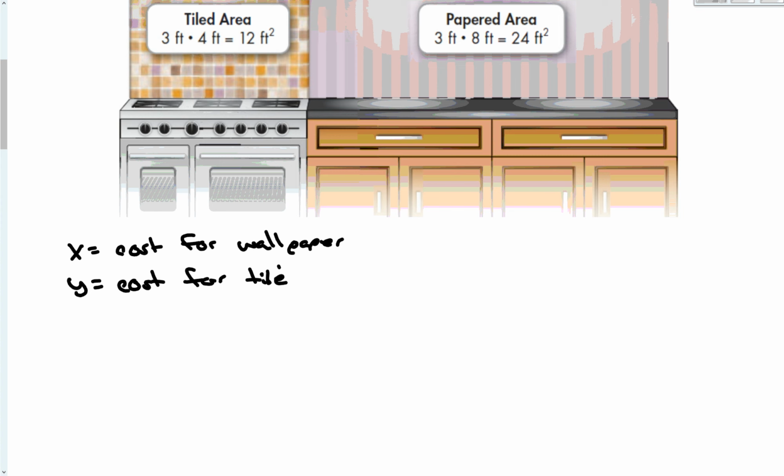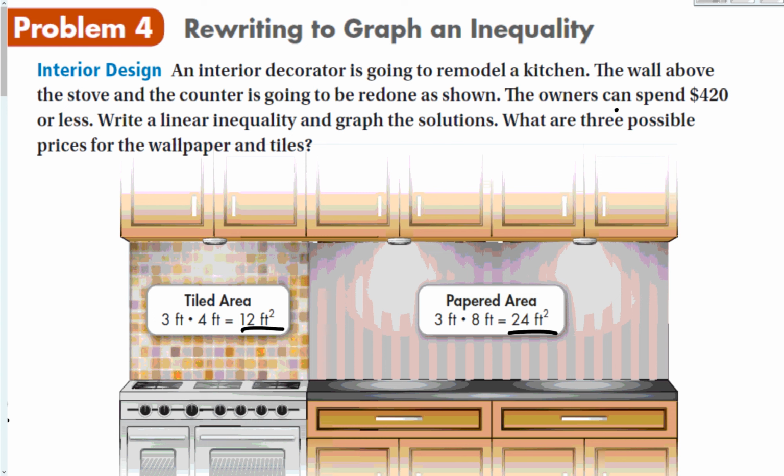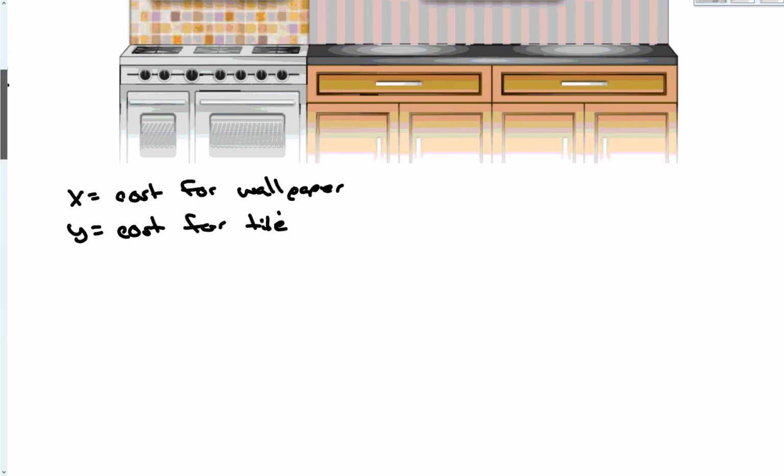So my equation is, we have 12 and 24 square feet. So we're going to find the cost per square foot. And we want our cost, when we're done with it, to fit in our budget, which means how much we can spend, or less. So usually when you're doing a remodel, you do have some sort of amount of money that you're able to spend, and you have to spend less than that.